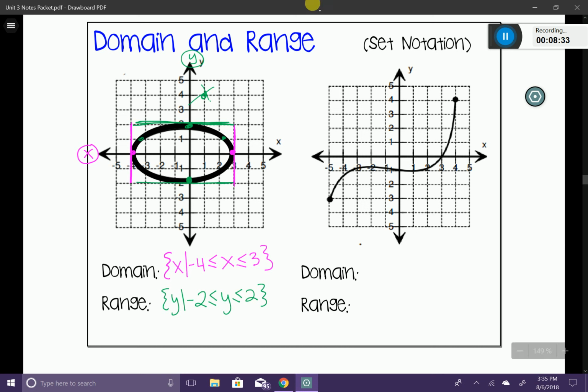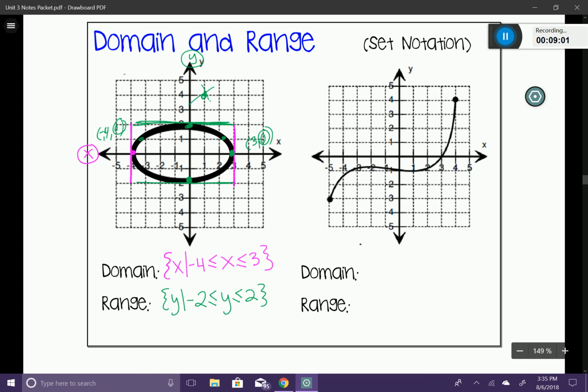Isn't 0 between -2 and 2? So wouldn't I say that right here, this coordinate has a Y value of 0? Isn't it 3, 0? So my Y value is 0. It's also on the other side, -4 and 0. So that's going to be one of my Y values. Okay, let's look at another one.